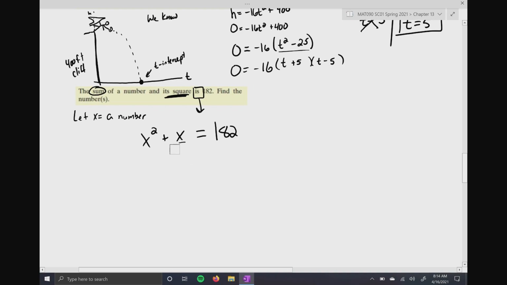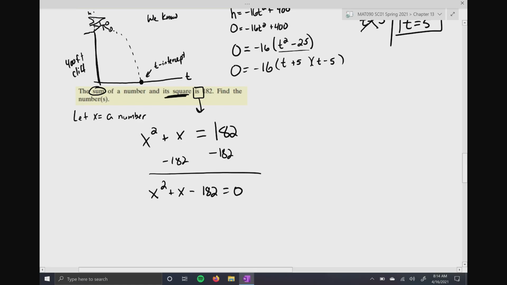So notice it's quadratic. So I'm going to try my steps. Step 1, set it equal to 0. To do that, I need to subtract 182 from both sides. All right, step 2, factor time. There is no GCF.